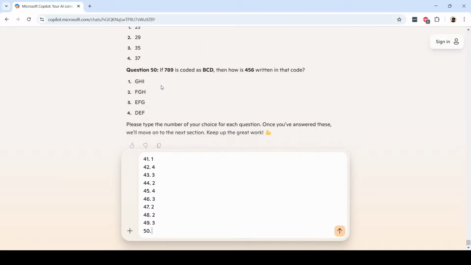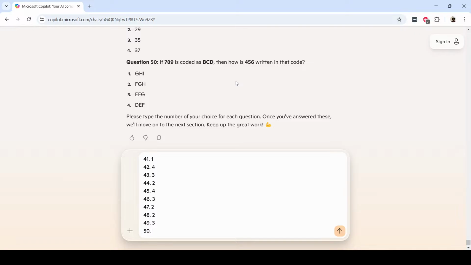If 7, 8, 9 is coded as BCD, then 4, 5, 6 written in that code would be... BCD is 7, 8, and 9.